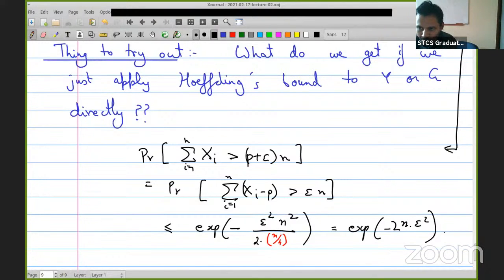So the more the number of samples, the better you get for the same relative deviation. For the same relative error epsilon, with more samples, your error is now decaying exponentially in n. Earlier, these things used to be inverse polynomial in n with Chebyshev, etc. Now it's exponential. Okay, so that's where we are.